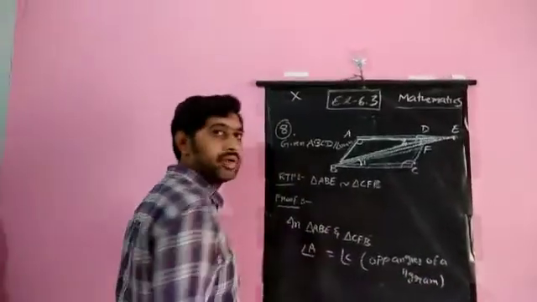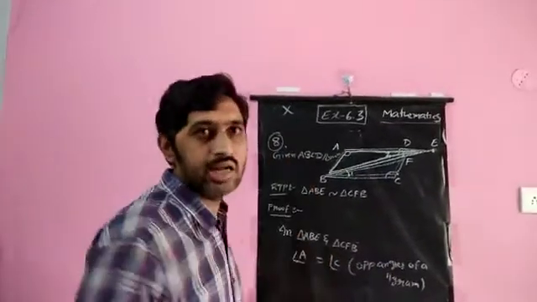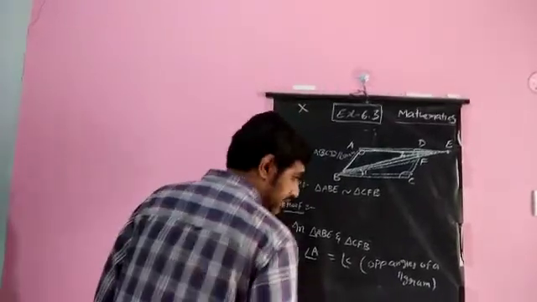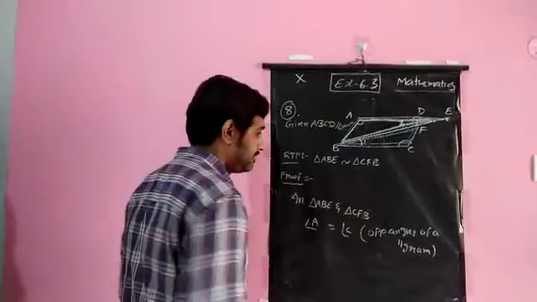If you don't know this property of a parallelogram, you cannot solve this. Even if you don't have the idea of alternate angles, you will get confused in solving this. So the things you have learned, you should not forget, and they will be useful later in other chapters.